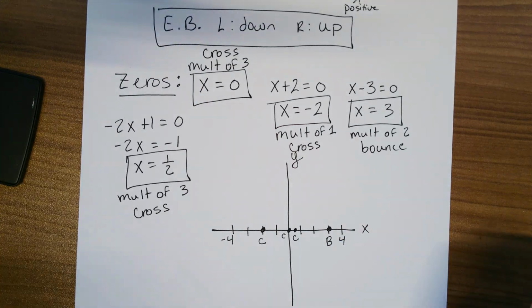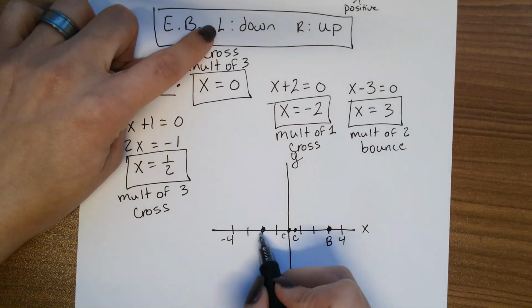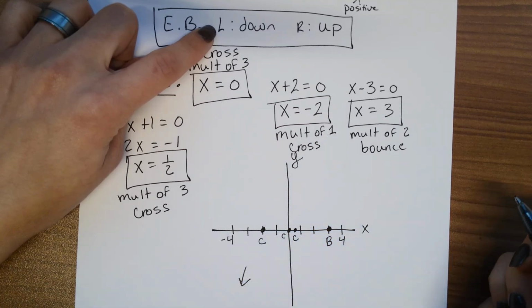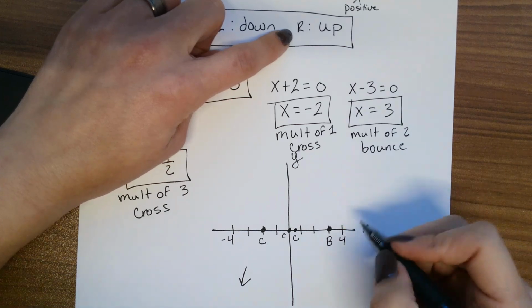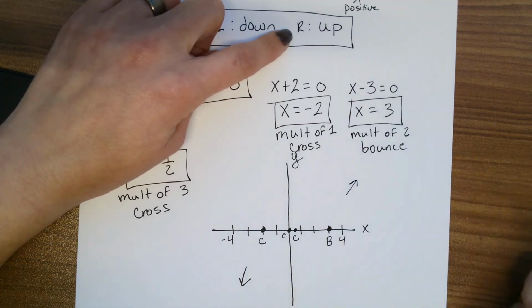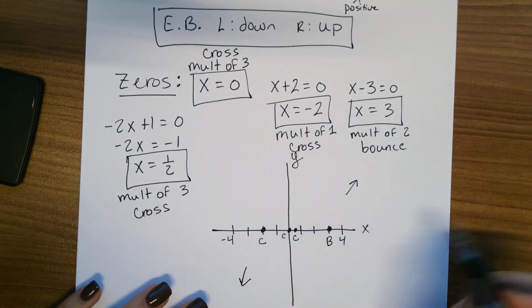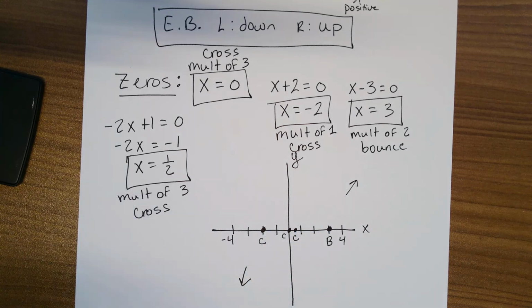So I have all of my x-intercepts, or my zeros, and now my end behavior. We determined that on the left I'd be going down, so on the left of the leftmost x-intercept I should be going down, and on the right of the rightmost intercept I should be going up. And now we're just going to trace through using our end behavior and crossing and bouncing as we go. Now, I have 4 x-intercepts, so I should not interact with the x-axis any more than 4 times.